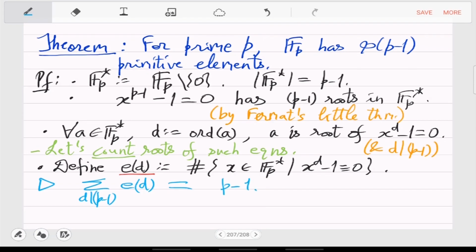How do you prove this? How do you show that the sum of E of D over D dividing p minus 1 is p minus 1?